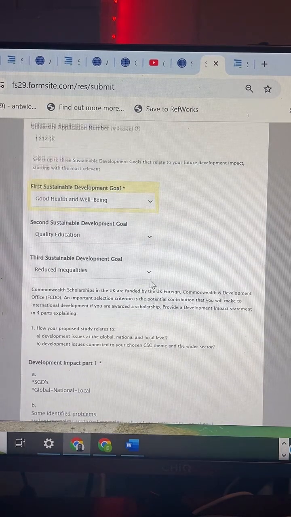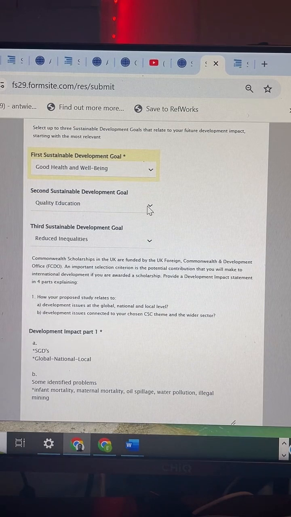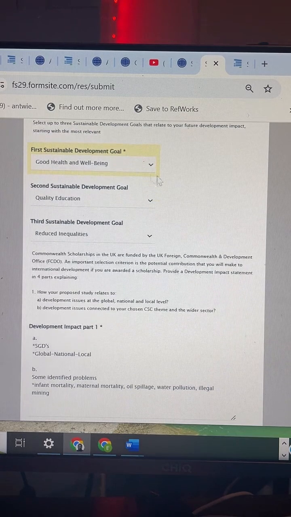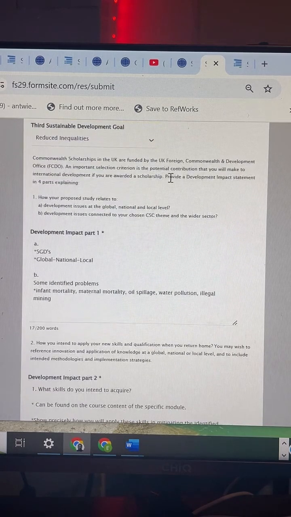First one, I've selected good health and well-being. Next one, I've selected quality education. And then the other one I've selected reduced inequalities. So you can play with it anyhow you want, but ensure that at least they relate to your future development impact. And you should select the one that is most relevant.